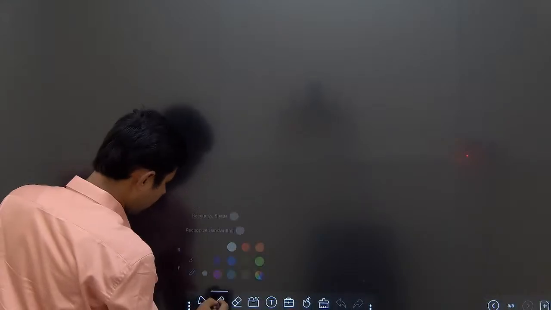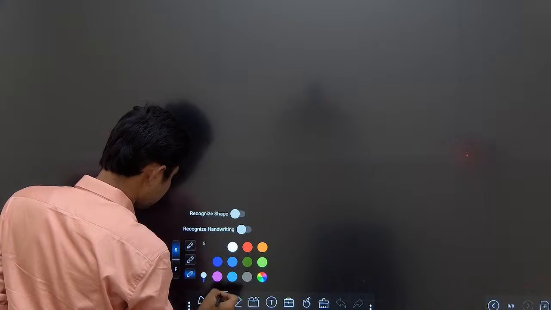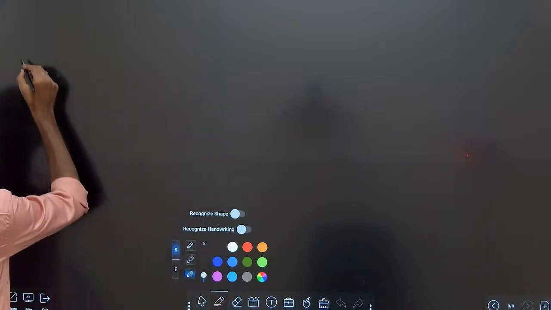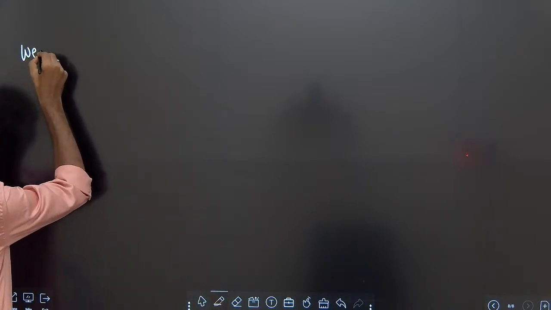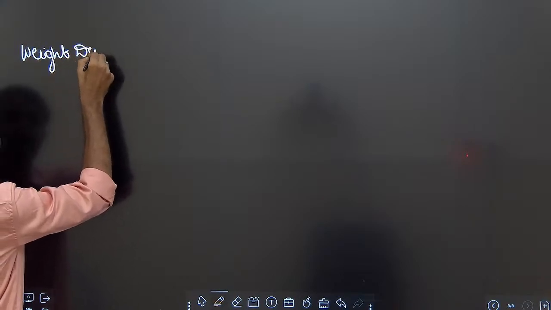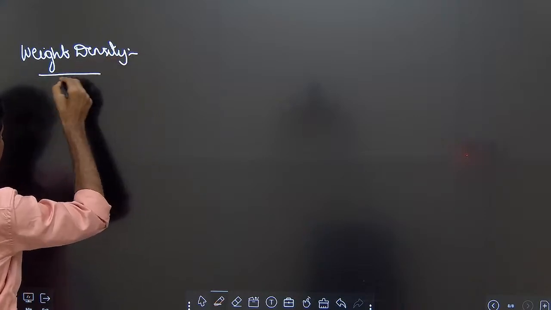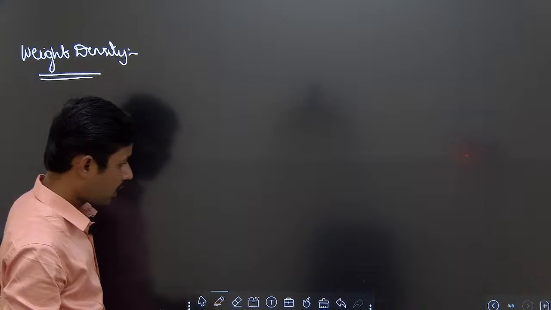Next we have another density known as weight density.